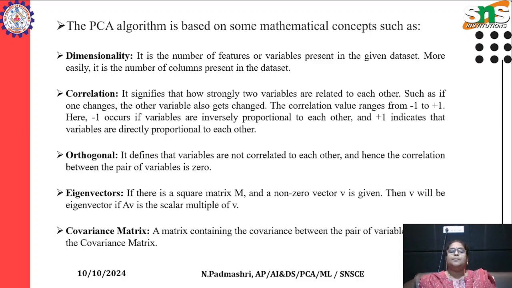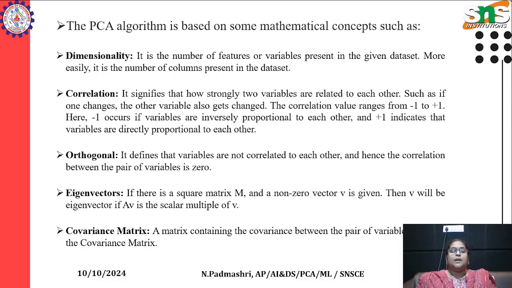Orthogonal means variables are not correlated to each other, and hence the correlation between the pair of variables will always be 0. Eigenvalue, eigenvector, you must have already studied, right? If there is a square matrix M and a non-zero vector V is given, then V is said to be the eigenvector if MV is a scalar multiple of V. Covariance matrix: the matrix containing the covariance between the pairs of variables is called the covariance matrix.